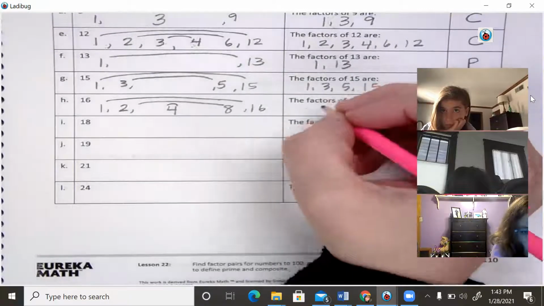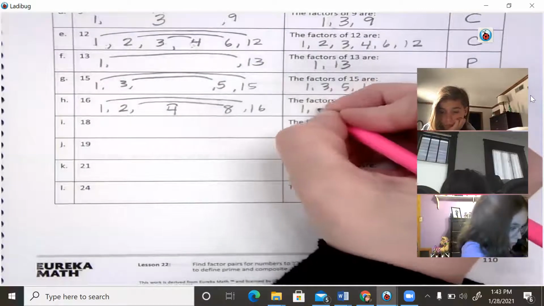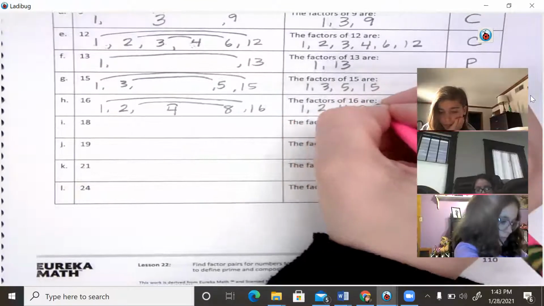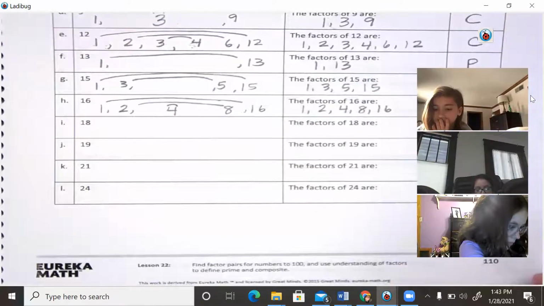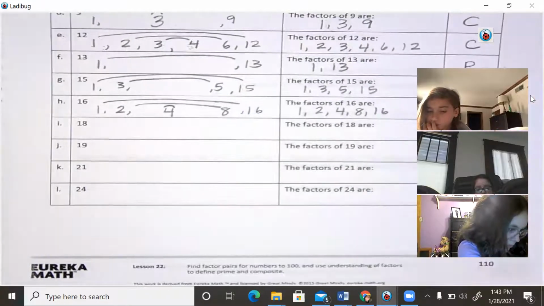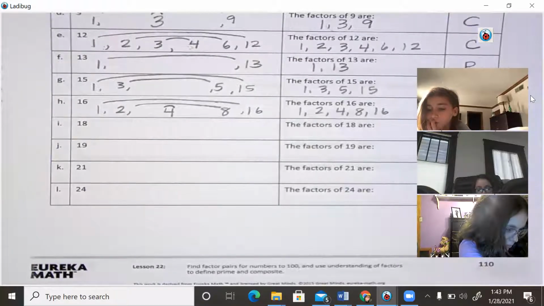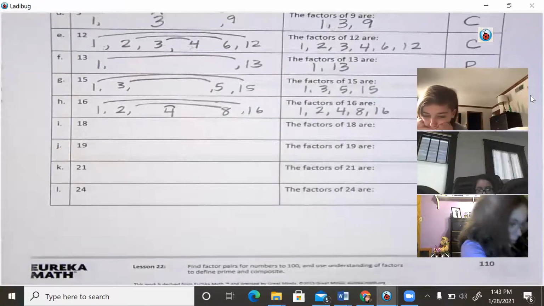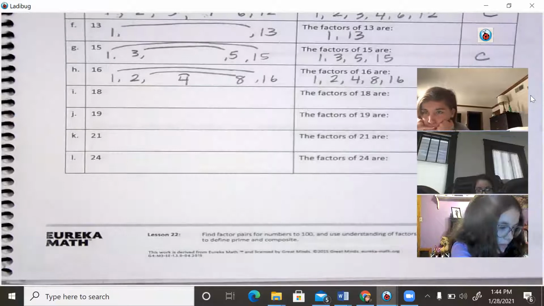So Tanya, your list is 1, 2, 4, 8, 16. So would that make 16 prime or composite? Composite. Why? Because there's 5 factors. Very good. You have more than 2. Great job. Okay, group 3, number 18.